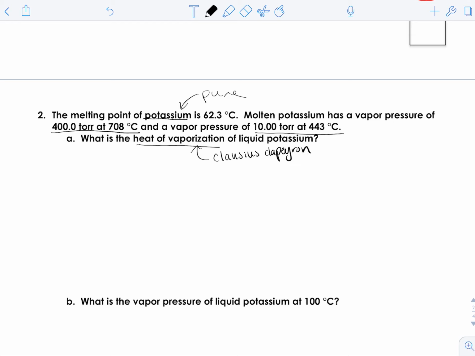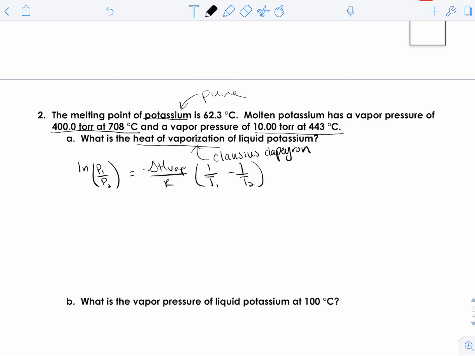Okay. So, we're going to use ln P1 over P2 is equal to negative delta H vap divided by R, times 1 over T1 minus 1 over T2. So remember, we need our temperatures in Kelvin.